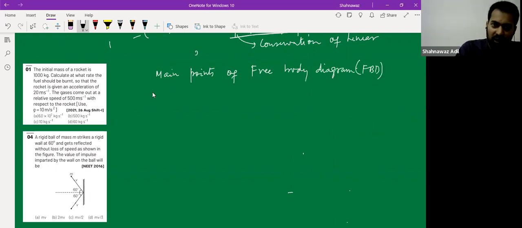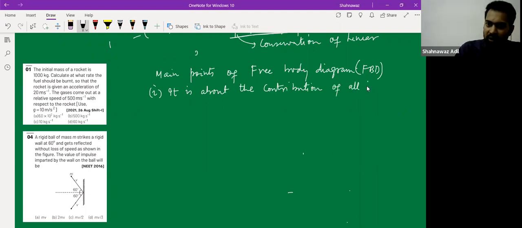It is about the contribution of all the forces acting simultaneously on the object, on the body, right?